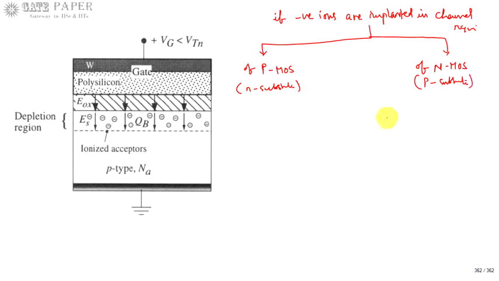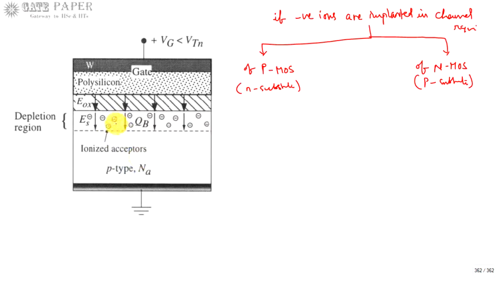So we are going to add negative ions, implanting negative ions in the channel region. Whenever negative ions are implanted in the channel region, in the case of N channel MOSFET and P channel MOSFET, how does the threshold voltage modify? First we will discuss the NMOS, because this is related to the P type substrate.